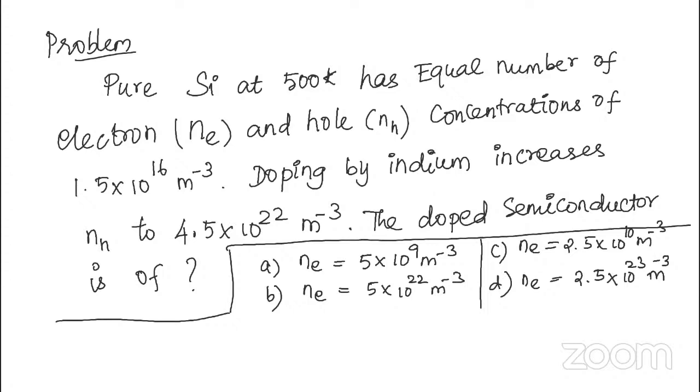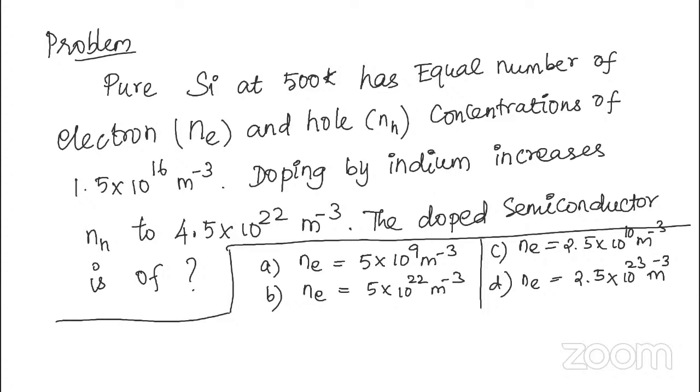So here you may tell me the given values. What are all the values they have given? First you have to think. Yeah, pure silicon is taken, right? So it represents the P-type semiconductor.